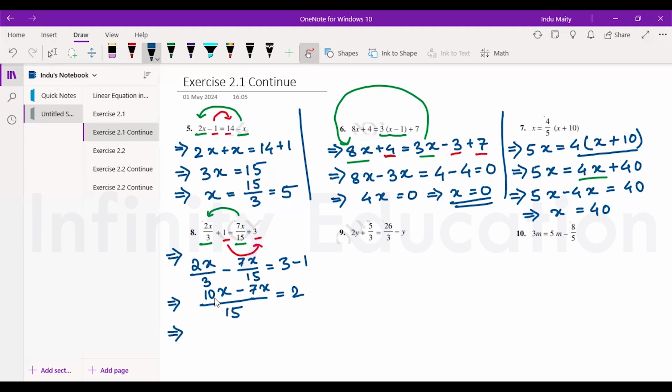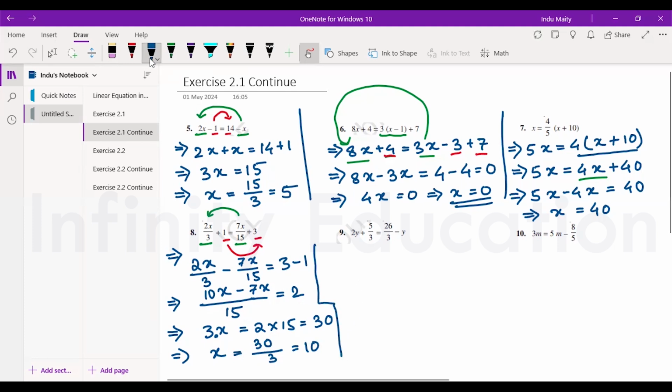This will be then 10x minus 7x is 3x is equal to 2 into 15, which is 30. Now x is multiplied with 3, so this 3 will be divided on the right side. So it will be 10. I hope it is clear.